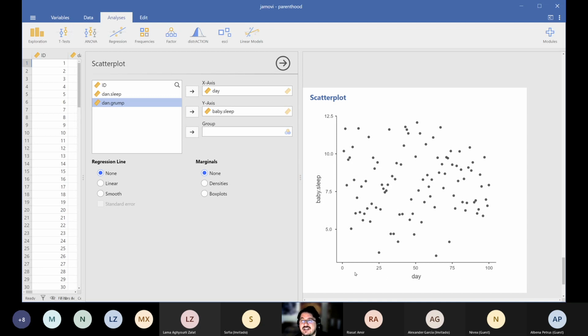But imagine that we have a larger period of time, not just 100 days, but hundreds of days, even thousands of days. Well, that baby stops being a baby, but probably the sleep patterns of the baby change with time. Maybe the sleep patterns of this baby didn't change within 100 days, but it was worth the exploration.